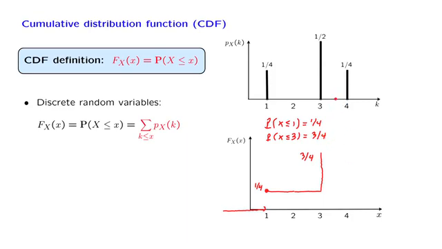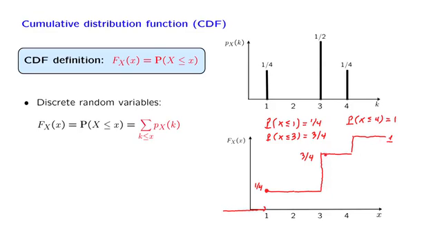For any other x in this interval, the probability that the random variable takes a value less than this number will stay at 1/4 plus 1/2. So the CDF stays constant. And at this point, the probability of being less than or equal to 4, this probability becomes 1, and so the CDF jumps once more to a value of 1.